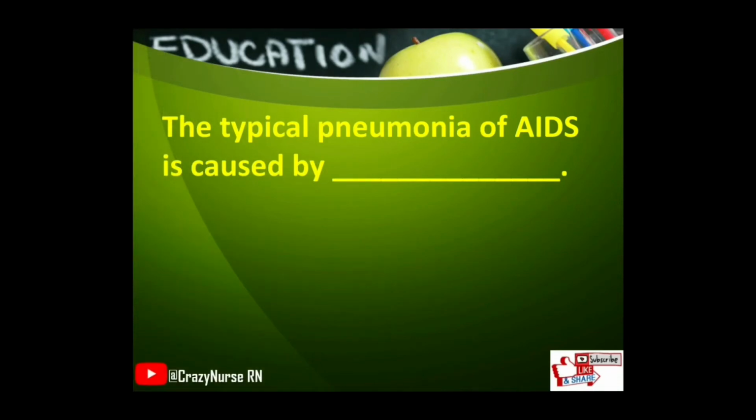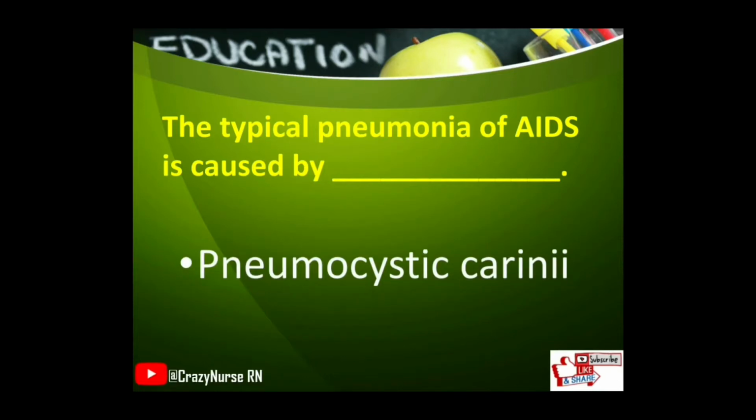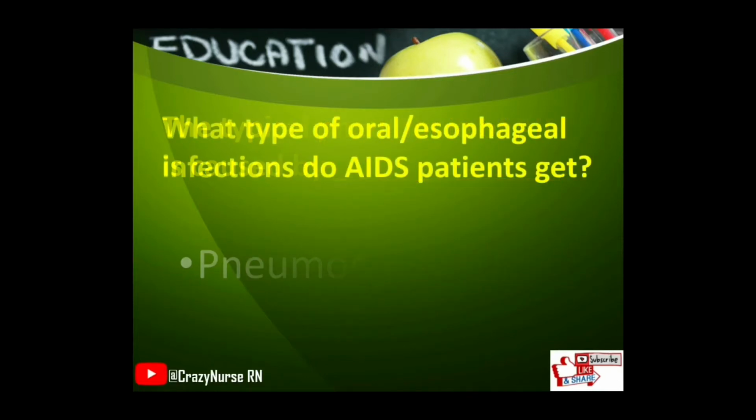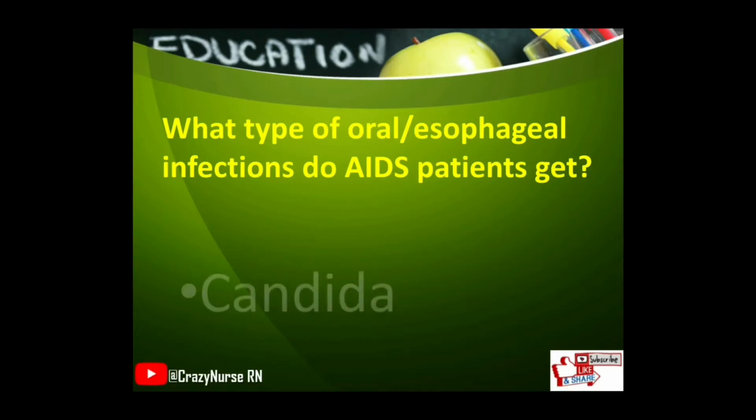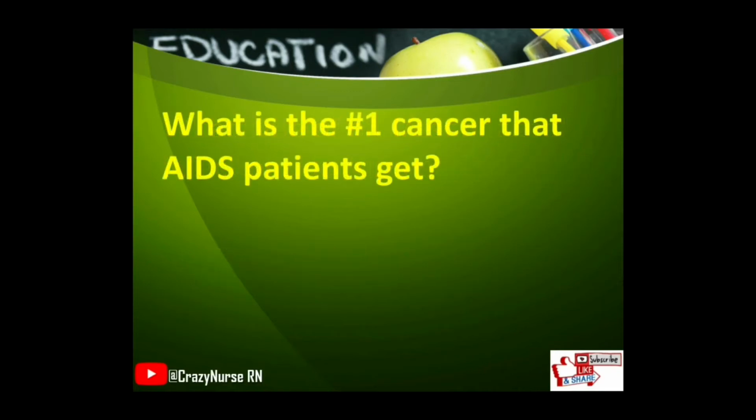The typical pneumonia of AIDS is caused by Pneumocystis carinii. What type of oral or esophageal infections do AIDS patients get? Candida. What is the number one cancer that AIDS patients get?